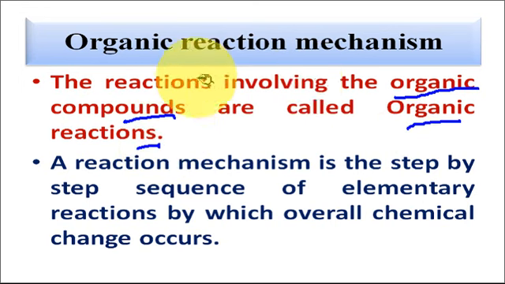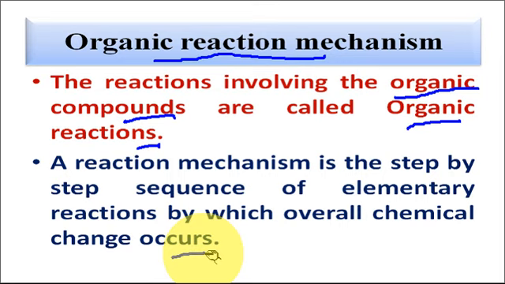Now, the second important thing is the mechanism of these reactions, the organic reaction mechanism. So, how do we define the reaction mechanism? Basically, a reaction mechanism is the step-by-step sequence of elementary reactions by which an overall chemical change occurs. That means the way by which the final product formation takes place.